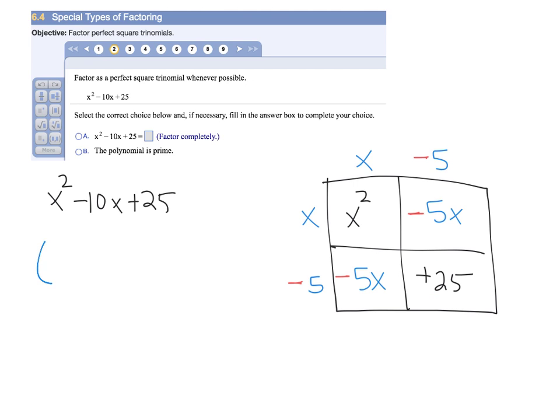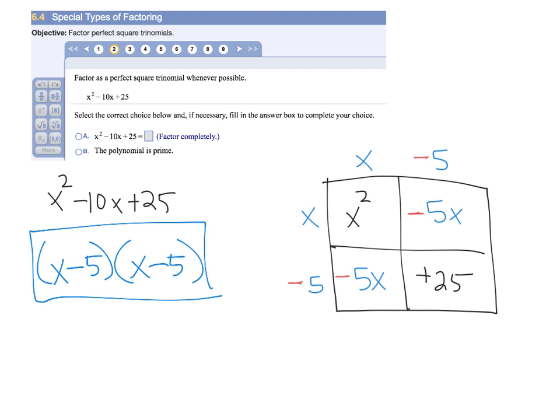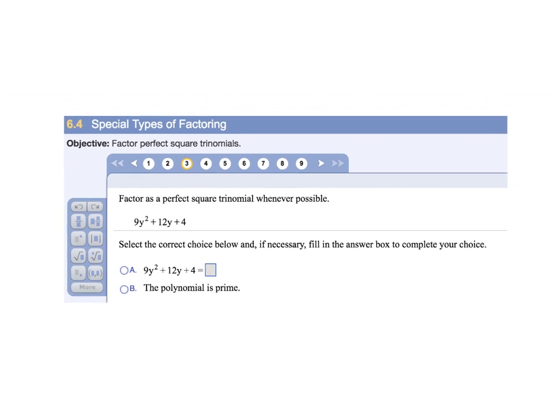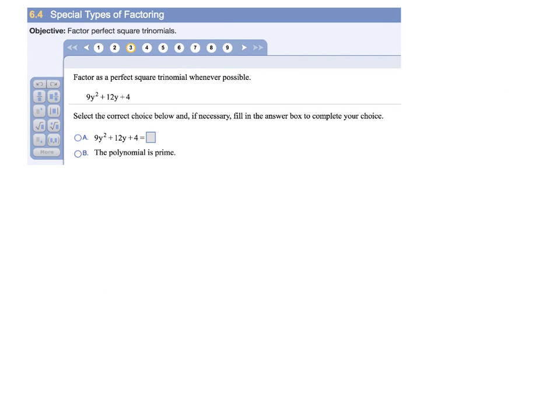So what are our factors? It's x minus 5 times x minus 5. And that is your answer. So here's more of the same. You've got, let's see, 9y squared plus 12y plus 4.